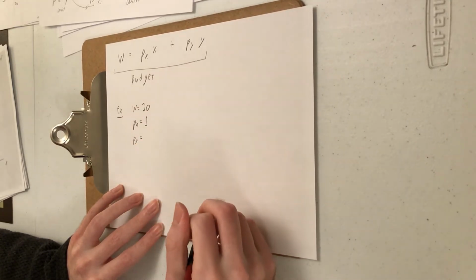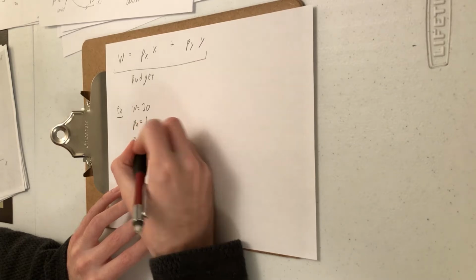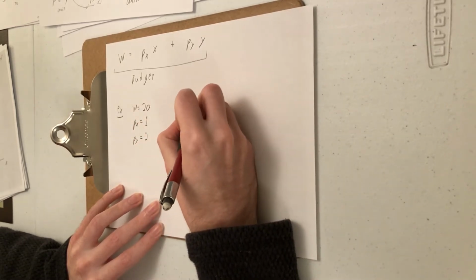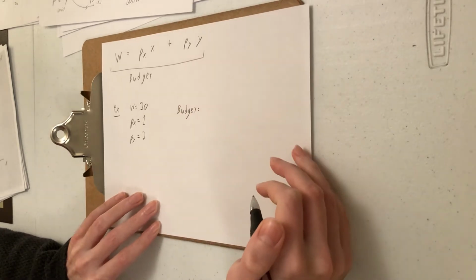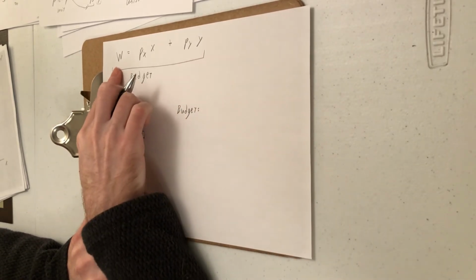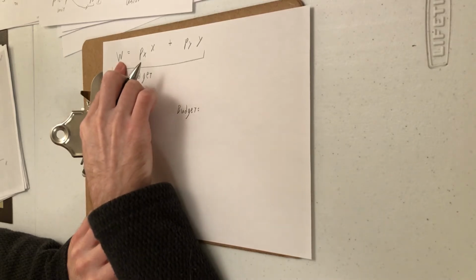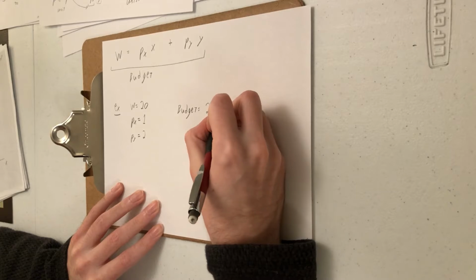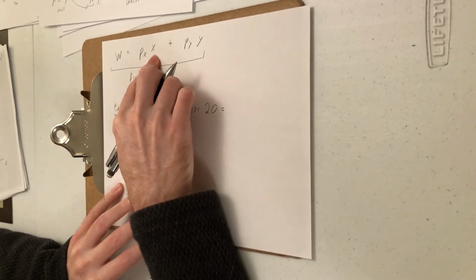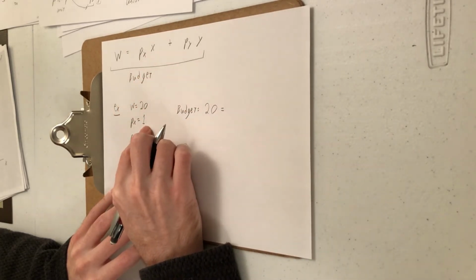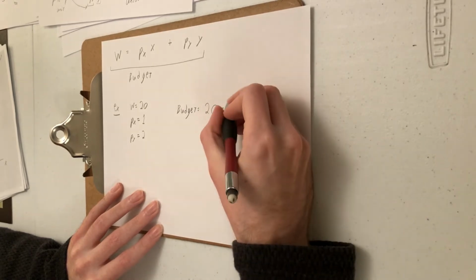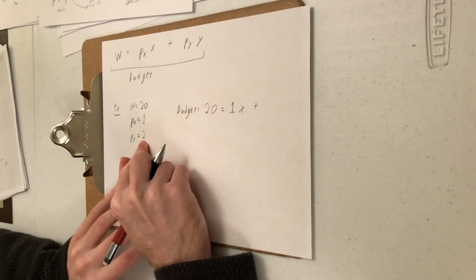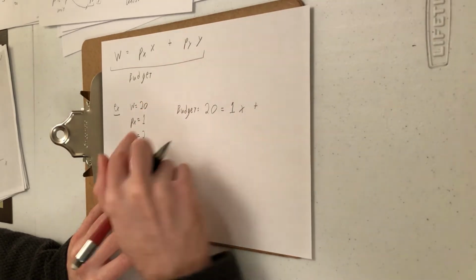The price of Y is $2. Your budget is going to become this. So you have your wealth, which is $20 here, equals price of X times X. Price of X is just 1. Price of Y times Y, so price of Y is 2.